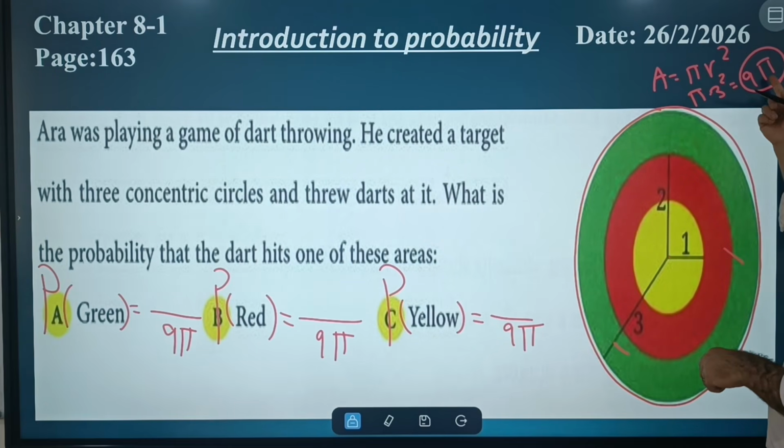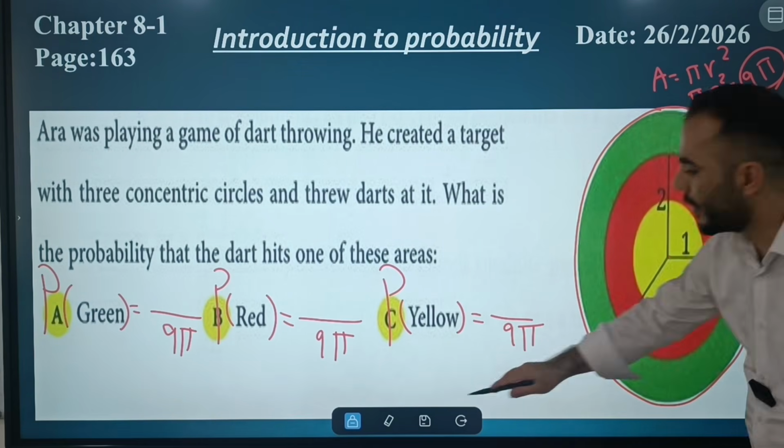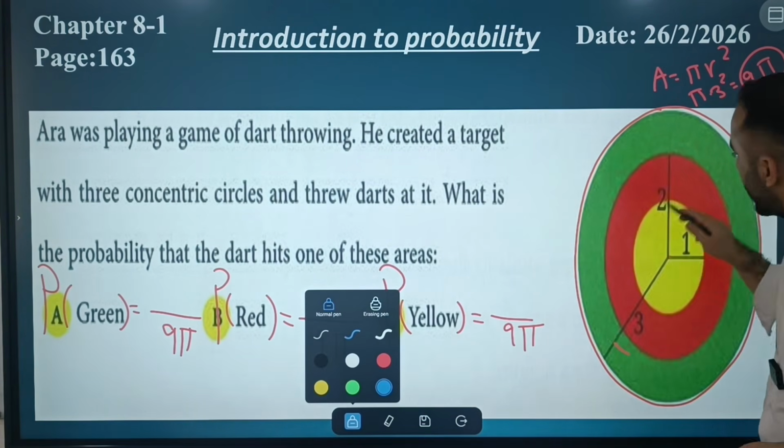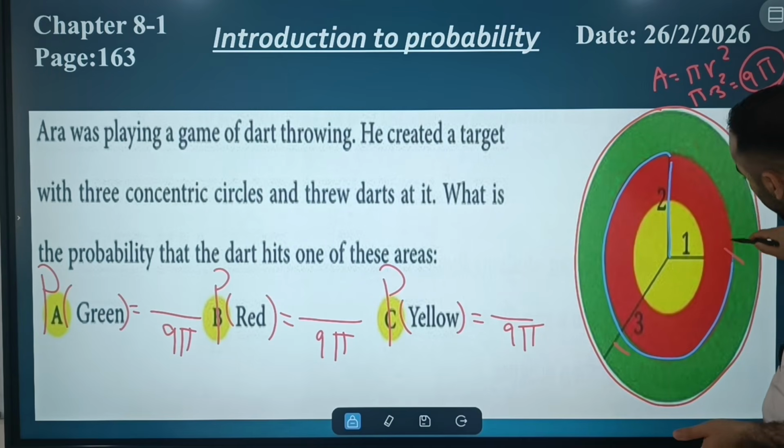That's why it's 9 pi. But the problem here is that part is not green, so we need to take it out. First of all, we need to calculate the area of this part, this circle, the blue one.